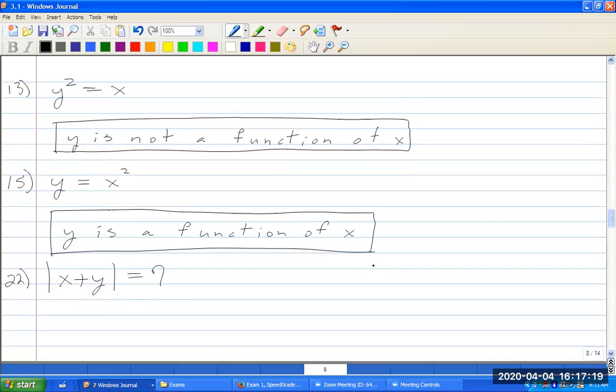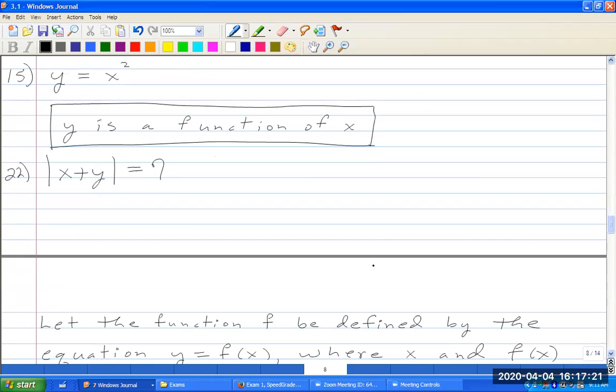Okay. Let me do problem number 22. The absolute value of x plus y equals 7. Okay, is this a function of x? Is y a function of x? Well, if you put in, let's say, 0 for x and 7 for y, 0 plus 7 is 7, absolute value of 7 is 7.